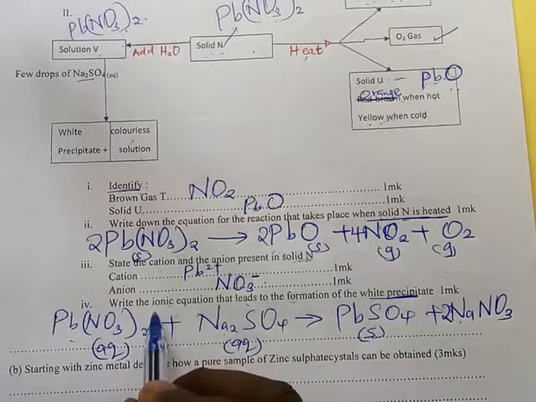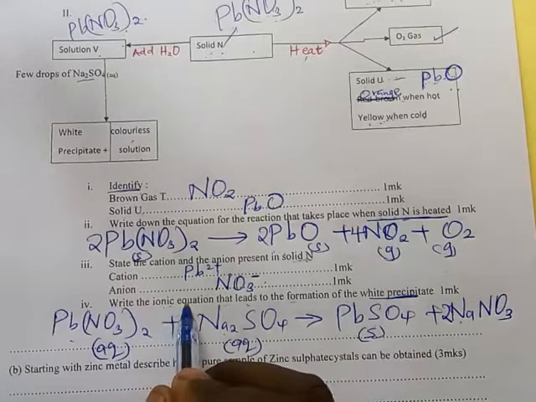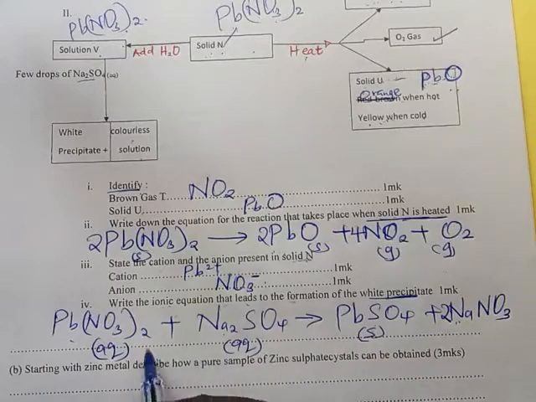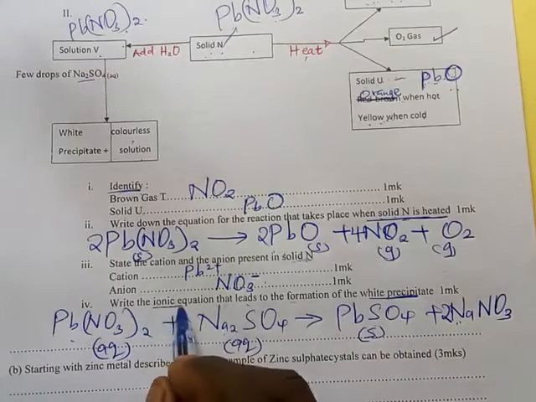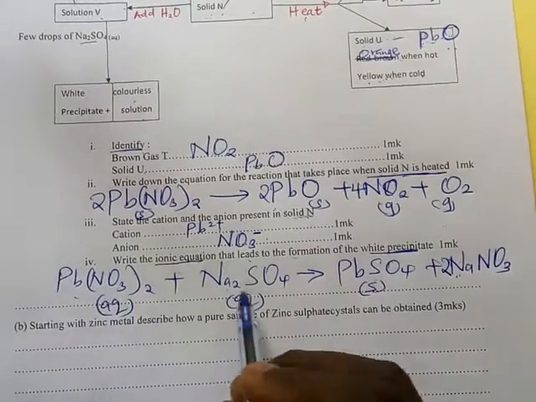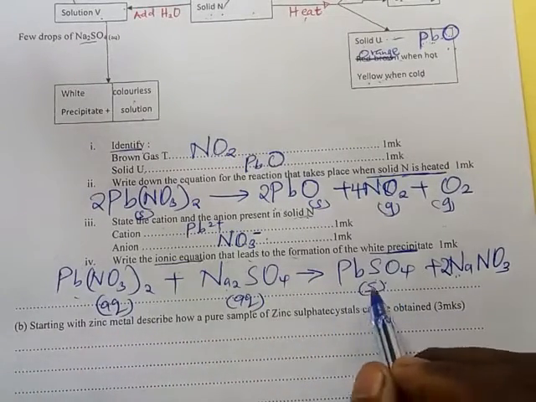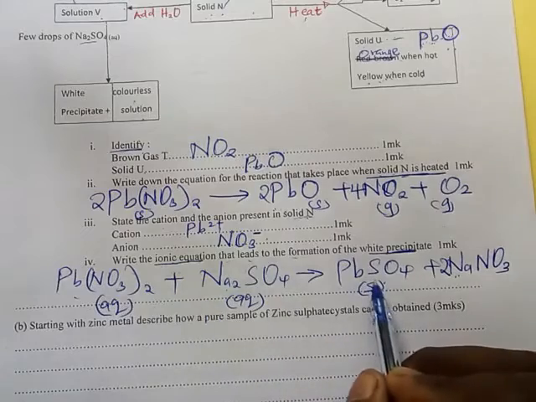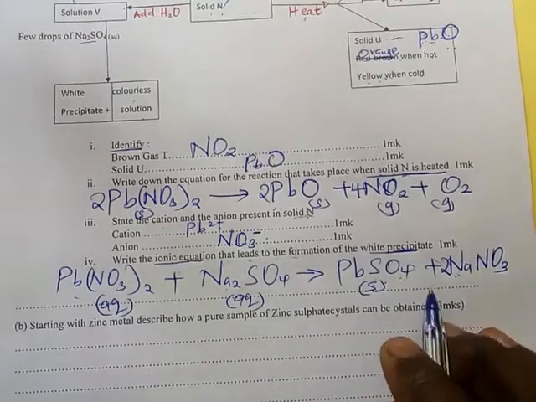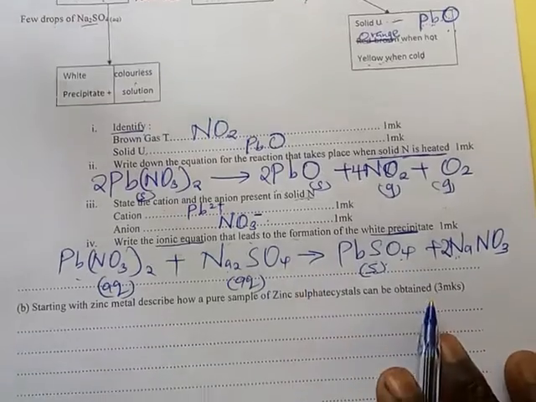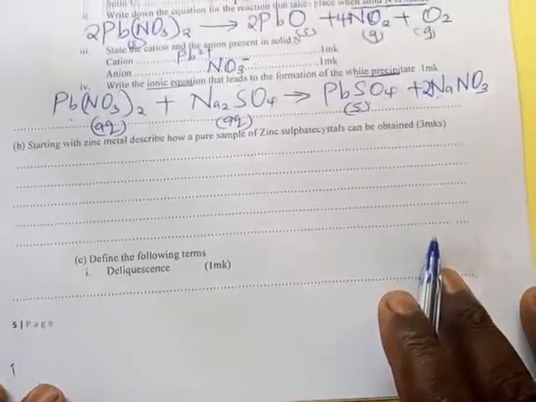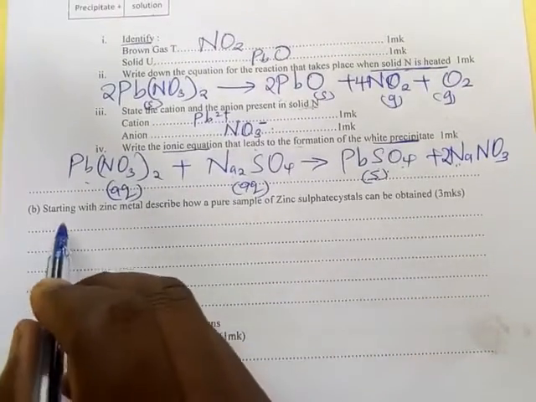We are asked to write the ionic equation. I've just written the overall chemical equation, but we were asked to write the ionic equation. So to write the ionic equation, we write only the ions that form the solid. So directly we can write the ionic equation by writing the ions that form the solid. Let me write it here.